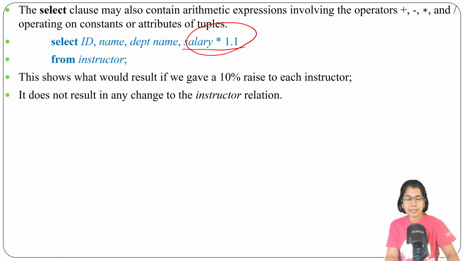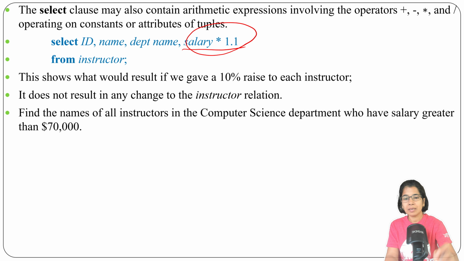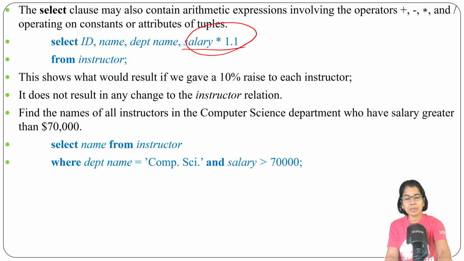Also, we can add conditions in the select command. For example, find the names of all instructors in the computer science department whose salary is greater than 70,000. Select name from instructor where department name equals computer science and salary greater than 70,000. It will give the names of all instructors whose department name is computer science and salary is greater than 70,000.